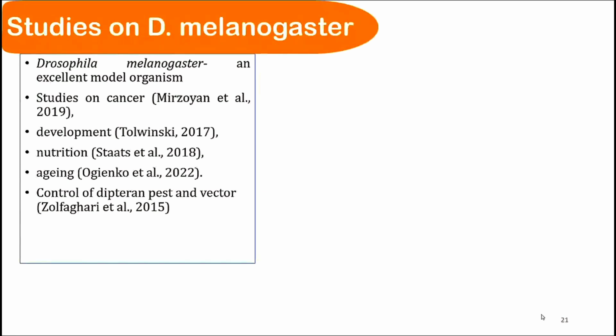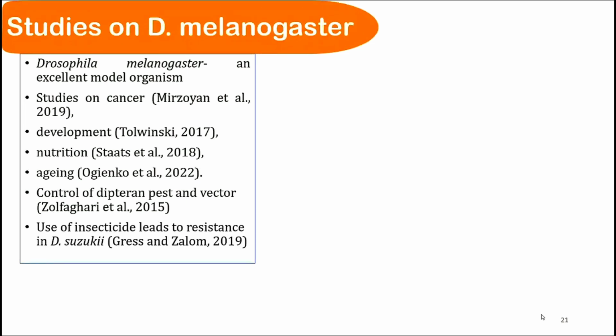Now see, Drosophila itself is a dipteran, but can the studies on Drosophila be helpful for the control of dipteran vectors and pests? This has been studied by Zolfaghari in 2015, and the effect of insecticides and the development of resistance has been studied in Drosophila suzukii in 2019. So these are some of the recent studies carried out in Drosophila.